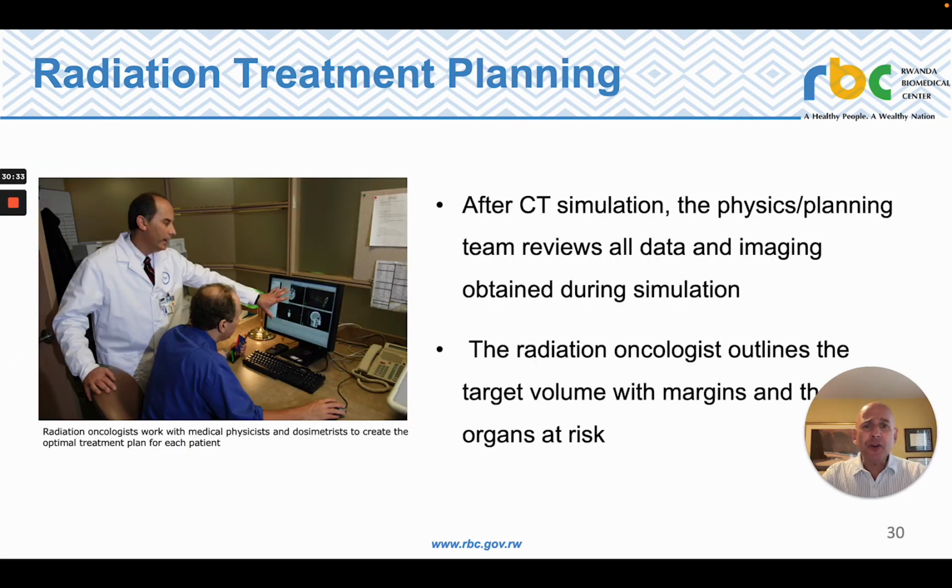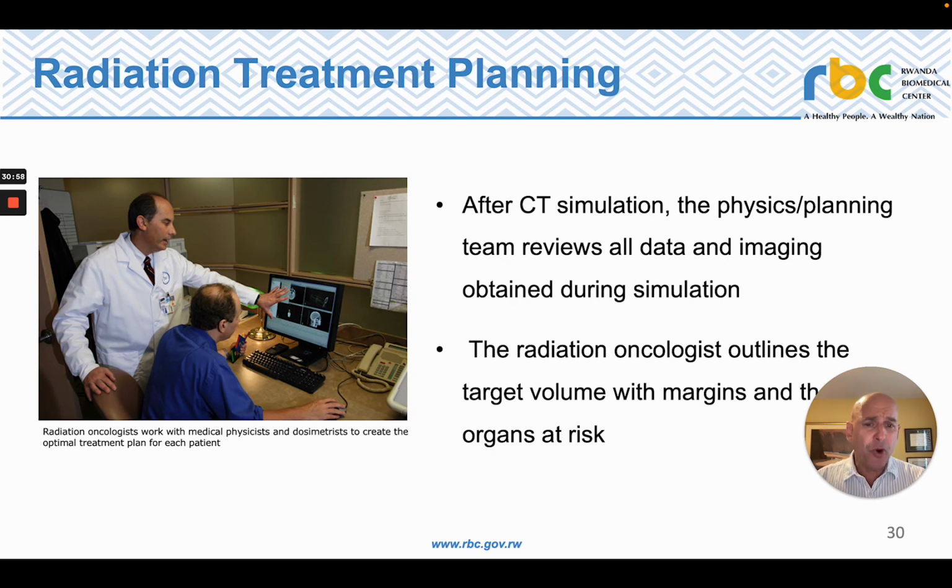So after the CT simulation, all of the information from that scan is sent to the physics and planning team. They review the data and imaging obtained during simulation. And then the radiation oncologist outlines the target volume with the margins around that tumor, and also outlines the organs at risk.